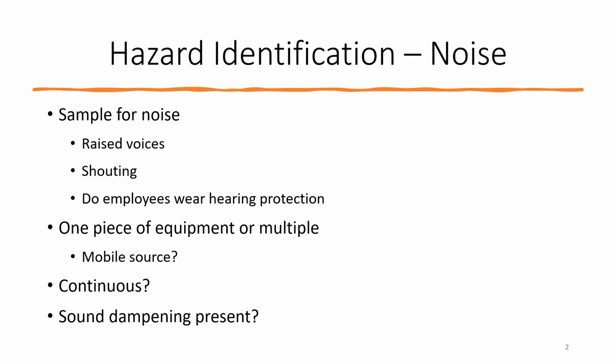But go out, sample for noise, come up with a plan. I know all of us are not flush with money, so you can buy some very good apps, and some are even free for the phone. Whereas it's not 100% science that I can trace back to NIST standards, it's a fantastic starting point.